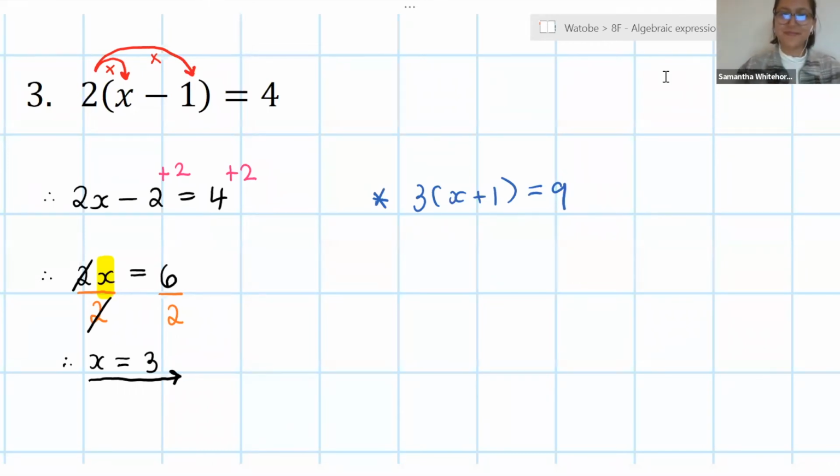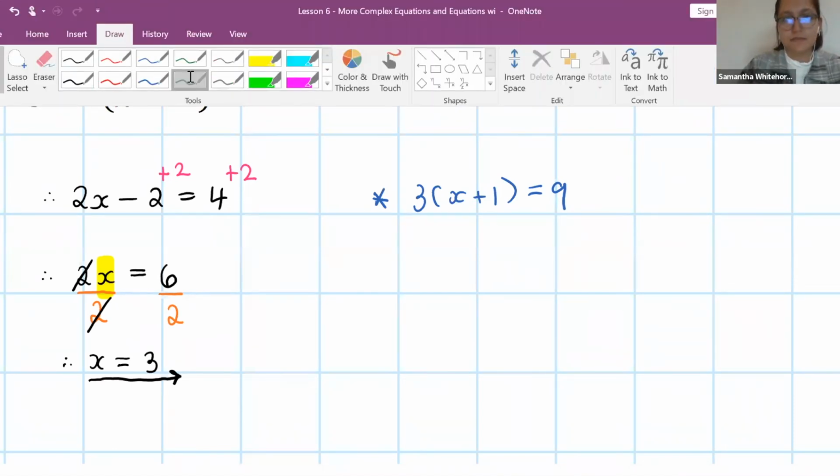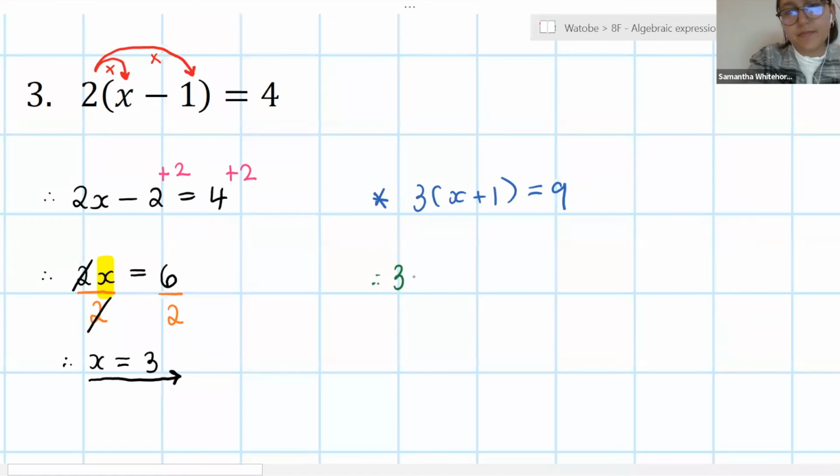Let's see. Ayanda, do you want to raise your hand so you can give it a try to check how did you get your answer? There we go. Okay, Ayanda, let's hear. So what I did was 3 times x is 3x, and 3 times 1 is 3, equals to 9.